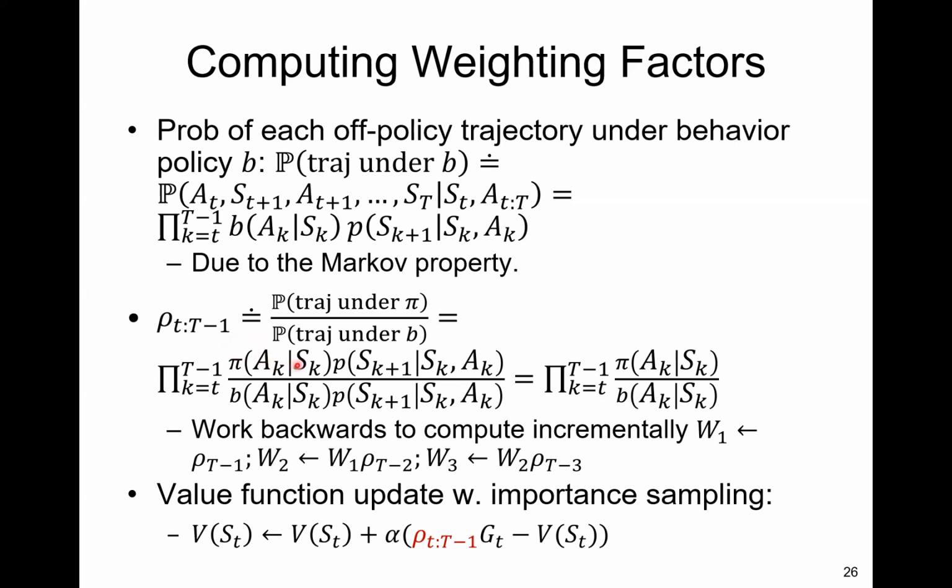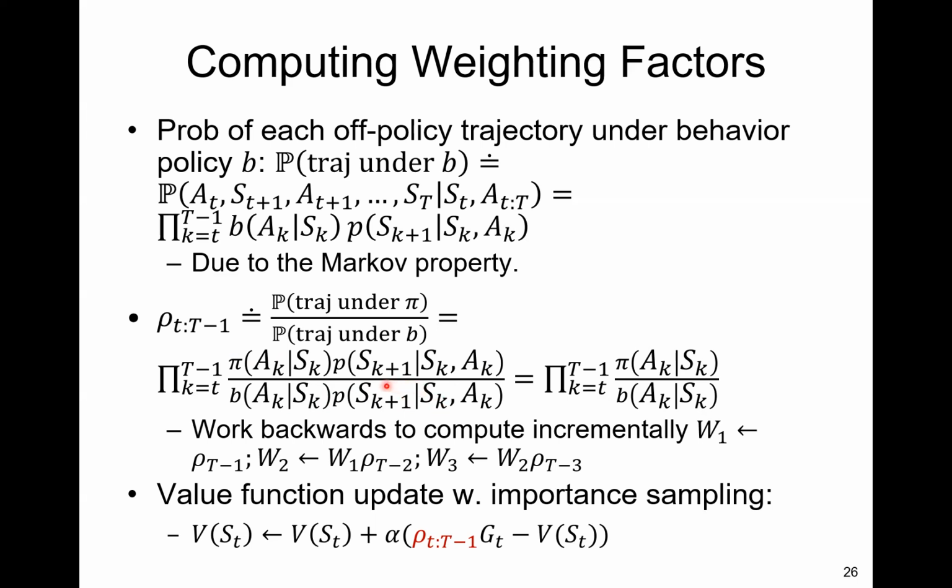So multiplying together gives the total probability of the entire state-action-reward trajectory. Similarly, the denominator is the probability of the trajectory under the behavior policy.